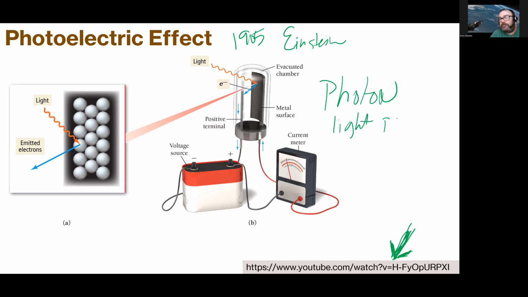It's weird, right? And he said the energy of that photon was equal to h times the frequency, which we've just seen. For an electron to be ejected, the photon must have at least enough energy to break the attractive forces that are holding the electron in the atom in the first place.